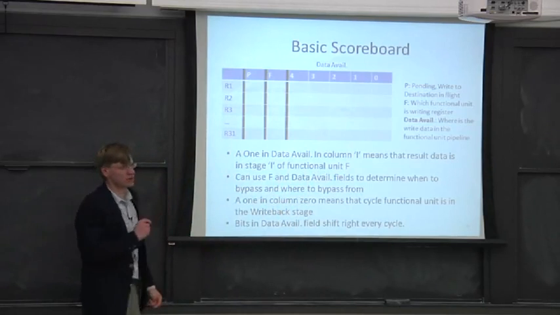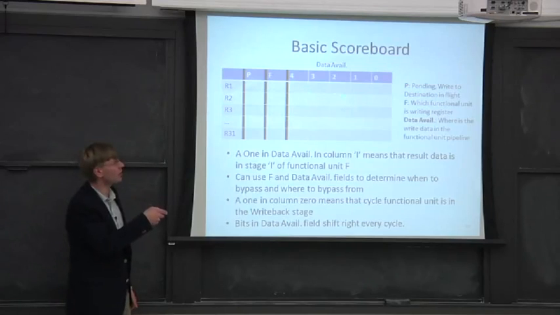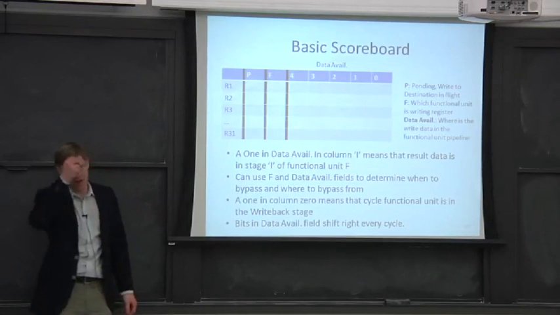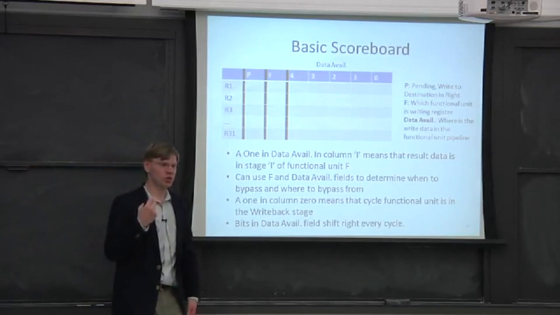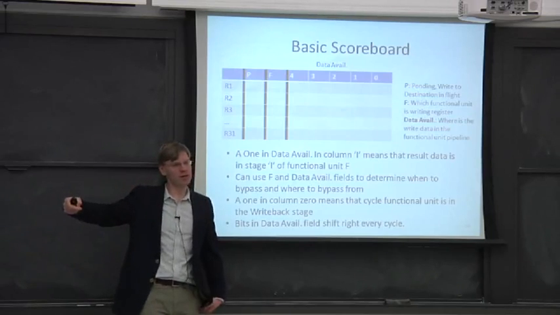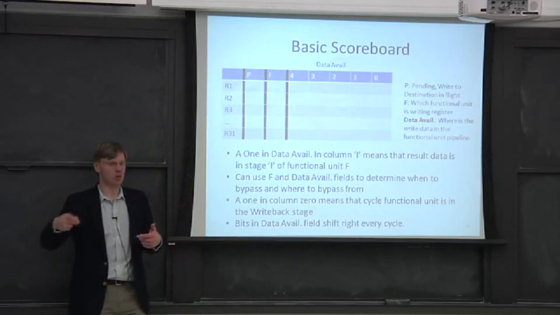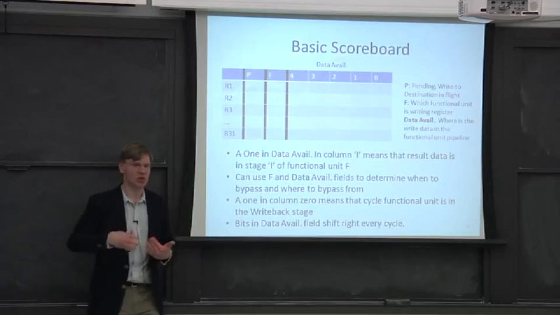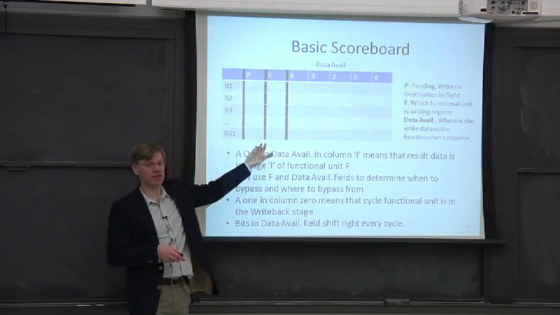One way that I've seen people build scoreboards is instead of having bits marching down here, you just have an encoding, like a log-base 2 or binary encoding, of where to go look in the pipe for the newest value. And then you just increment or decrement it every cycle. So instead of having shift registers, you can have that, and that's strictly enough for this.